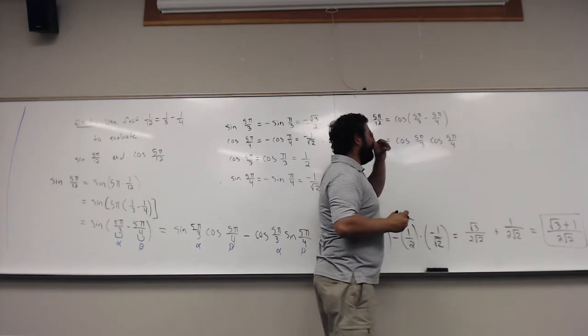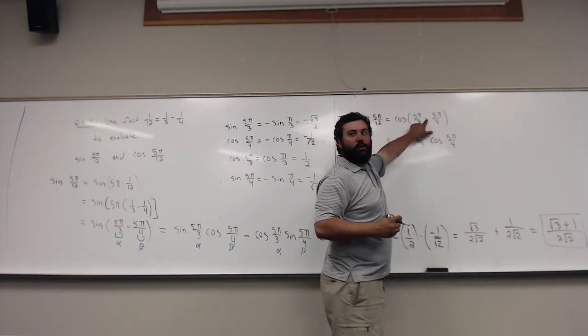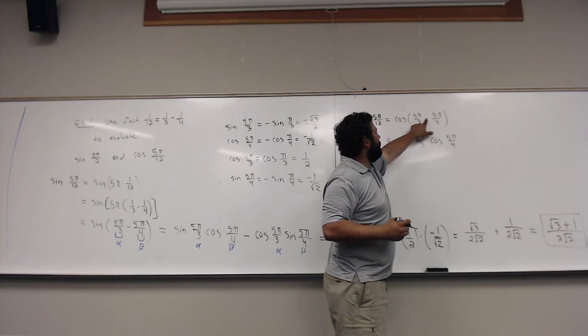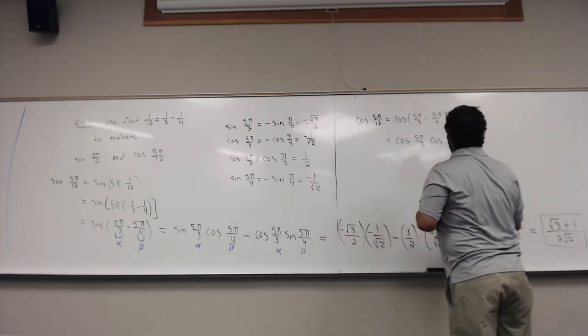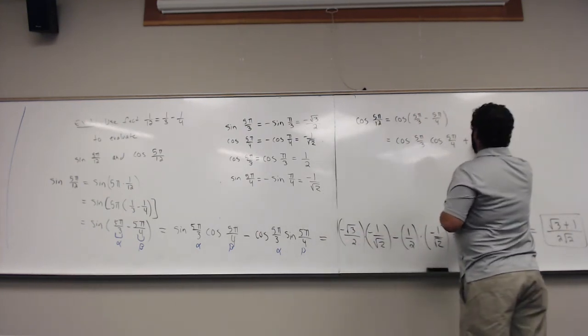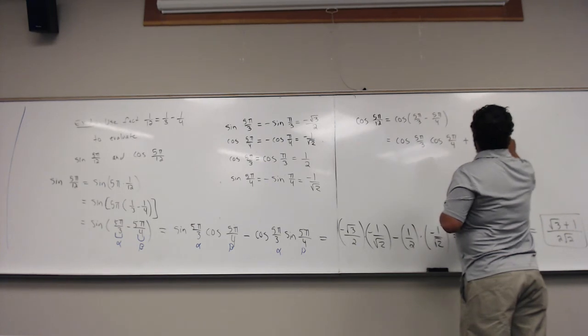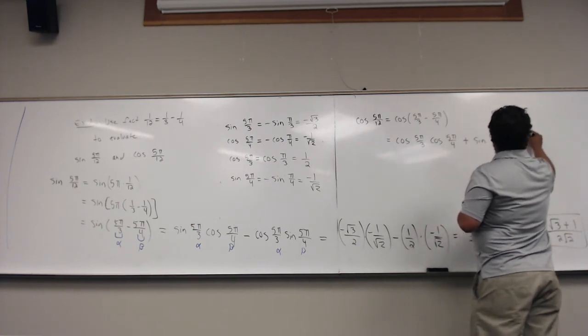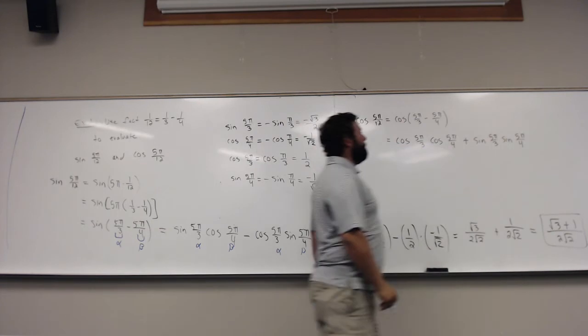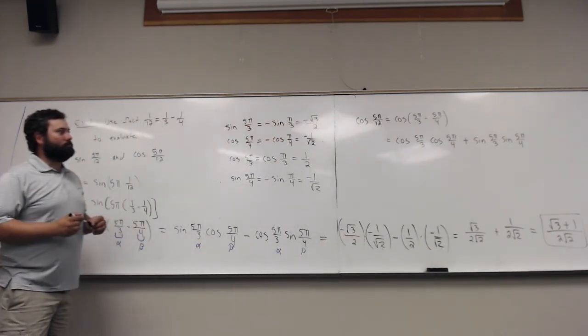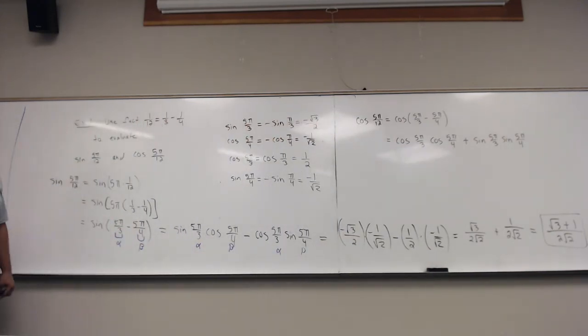And then what happens to the sign when you're doing a sum or difference for cosine? If you start with a minus sign, the right-hand side is actually going to have a plus. And then you do sine 5 pi over 3 times sine 5 pi over 4. So that was using my difference identity for cosine.